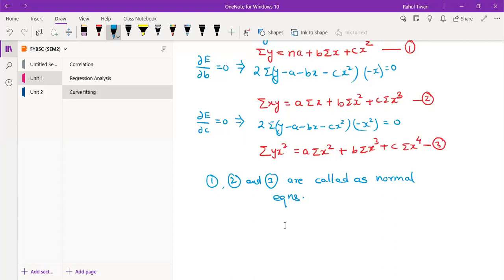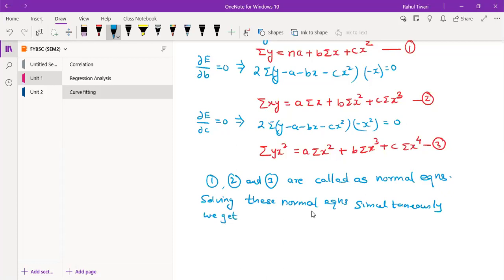And solving these equations, solving these normal equations simultaneously, we get values of a, b and c.